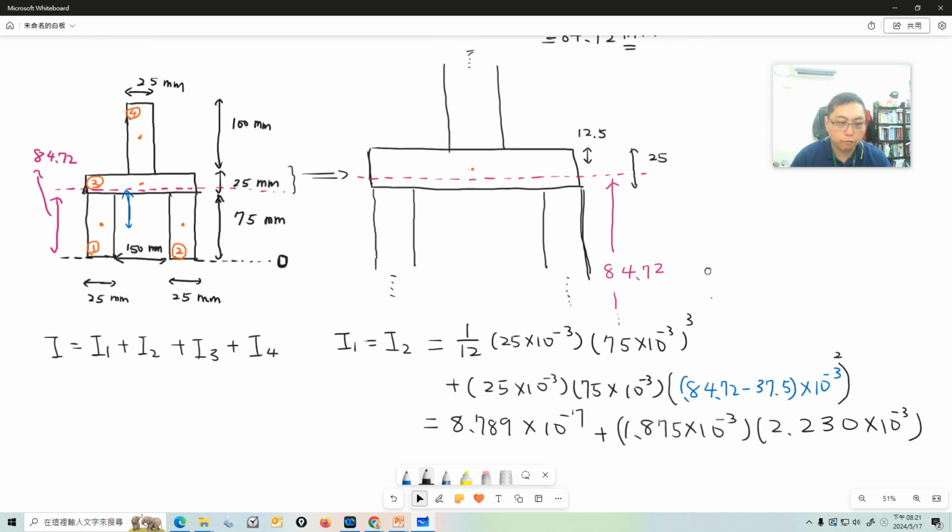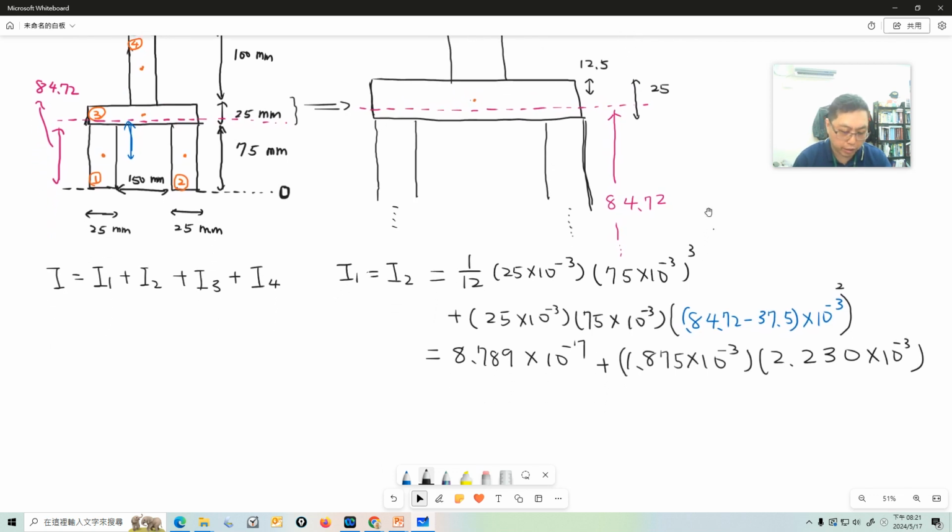Finally you will get I1 as 5.06 times 10 to the power minus 6 in meters to the fourth. That's I1 and I2.